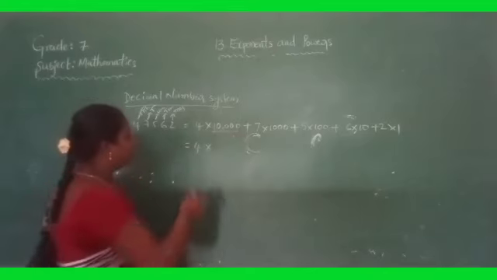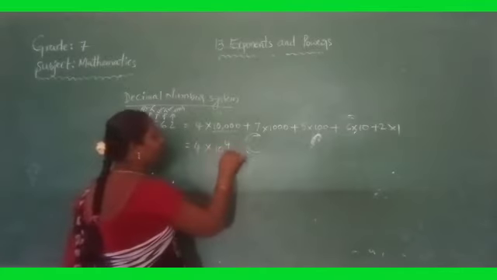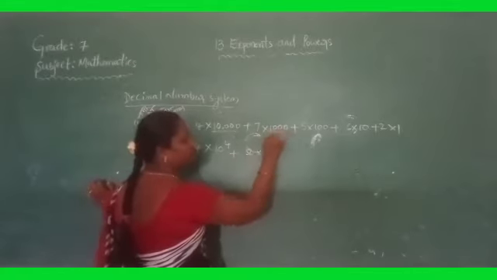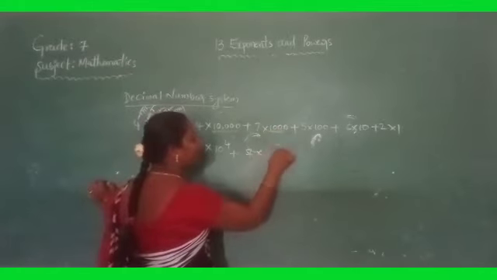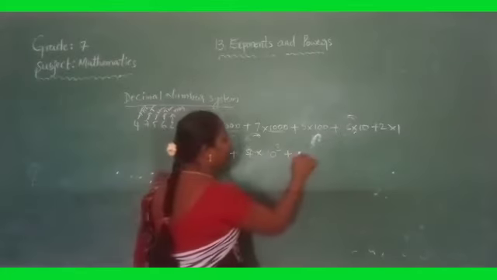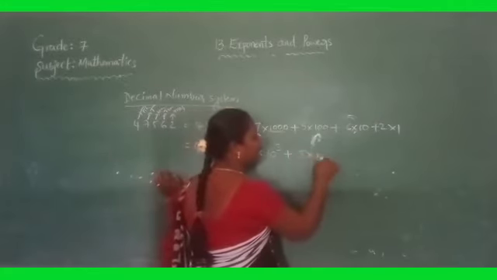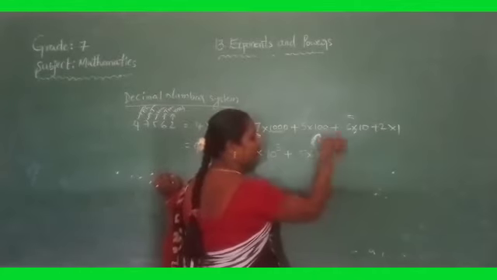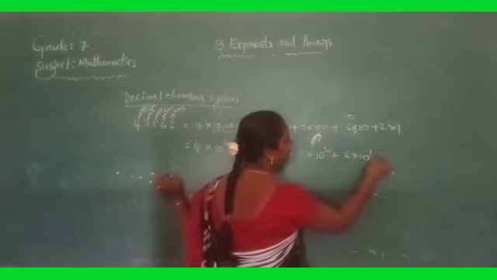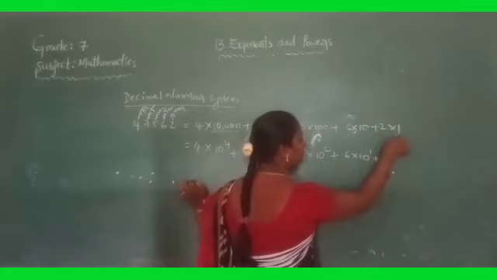So we can write it as 4 into 10 to the power of 4 plus 7 into 1000. 1000 is 10 cube, that is 10 into 10 into 10. Then 5 into 100, so 10 square. 10 into 10. 6 into 10 to the power of 1. Very good. 2 into 1.